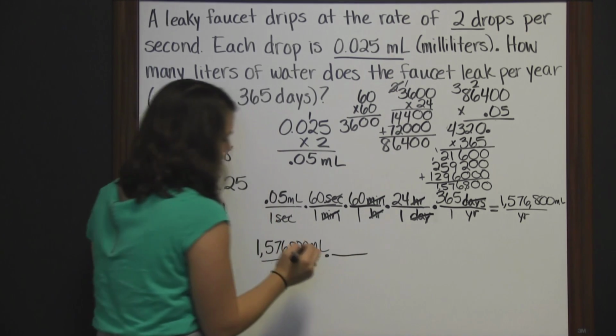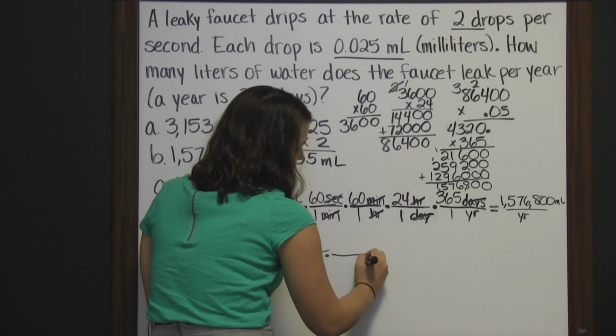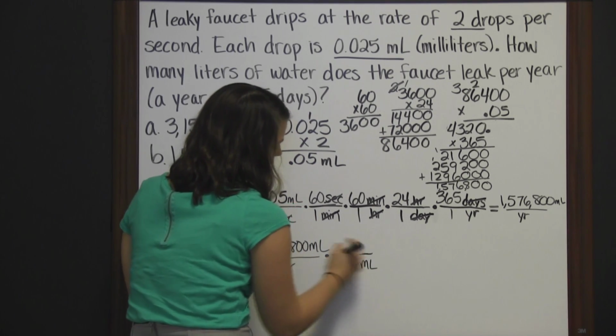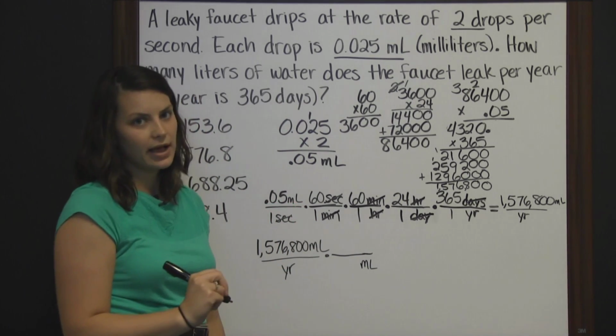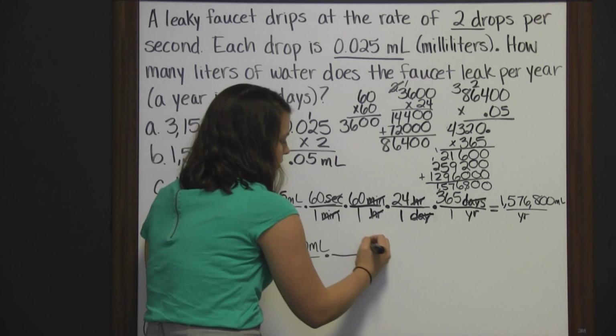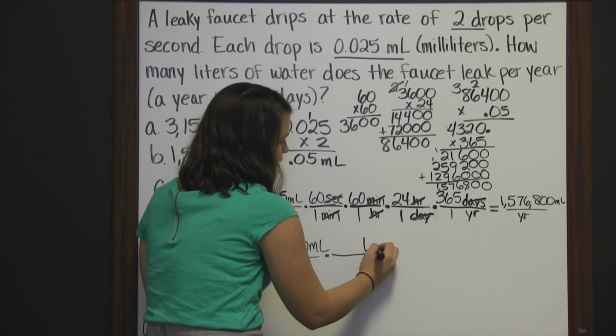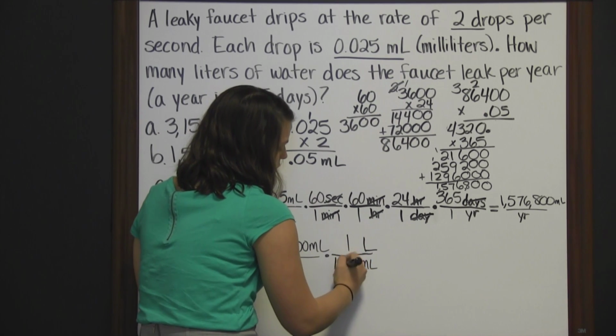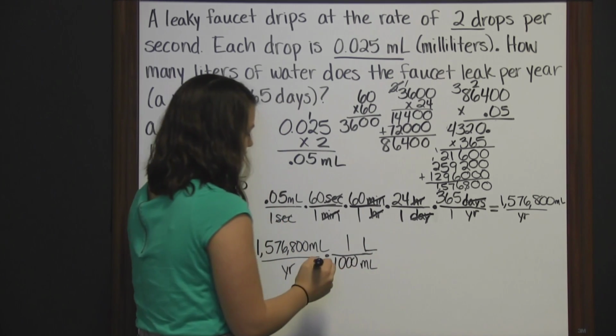So we can again use a conversion factor. Milliliters goes in our denominator so that it cancels out when we multiply. And I know that 1 liter is 1,000 milliliters.